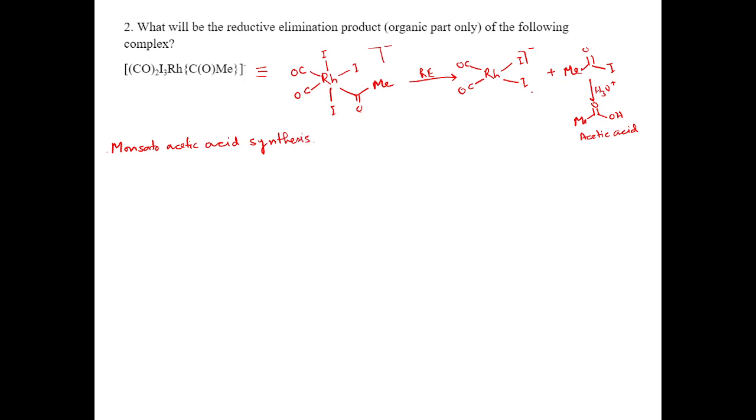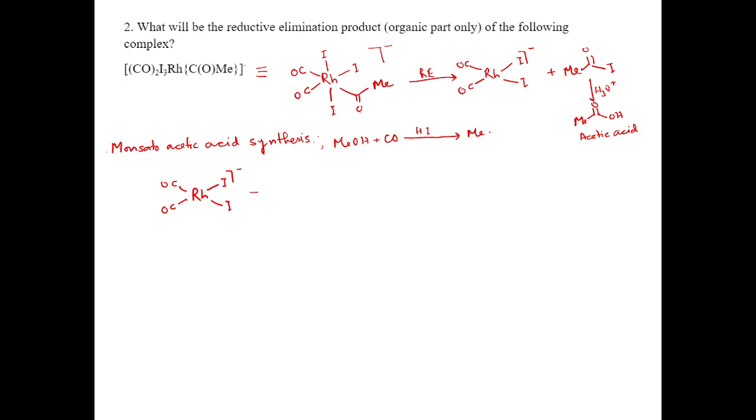So this type of catalyst can be used in this reaction. In the Monsanto synthesis reaction, methanol, carbon monoxide, and a catalytic amount of HI are added.